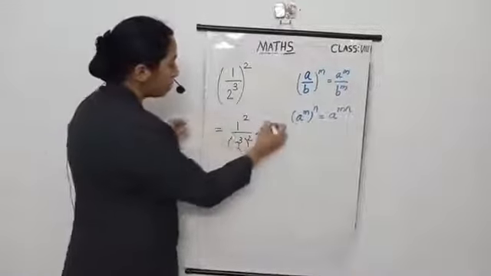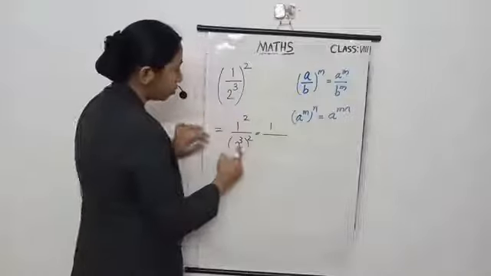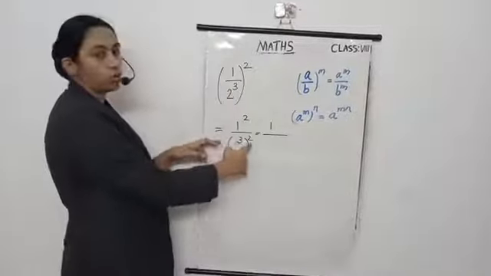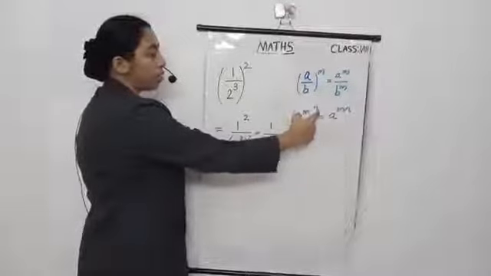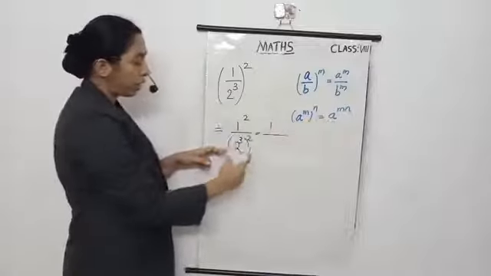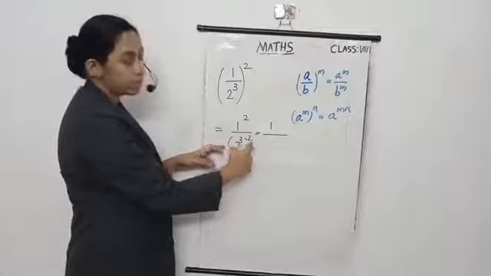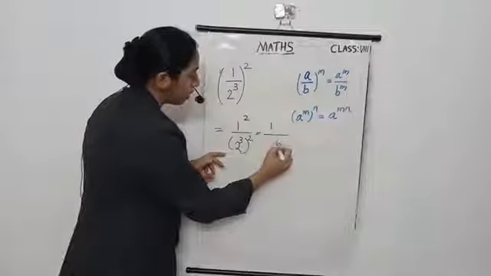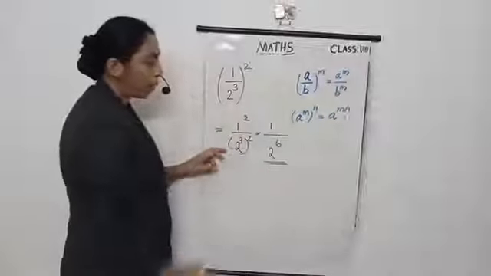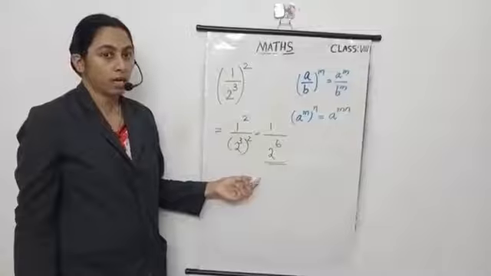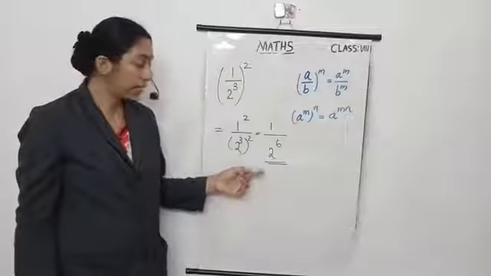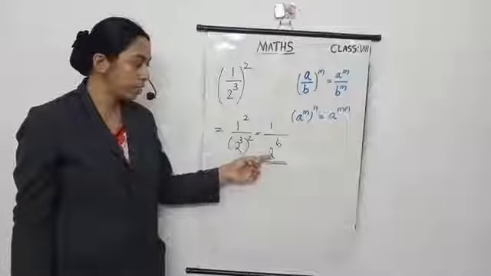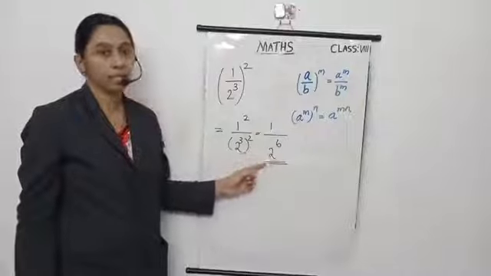Now 1 square is 1 into 1, 1. Now 2 raised to 3 all raised to 2. a raised to m all raised to n equals a raised to m into n. That is 3 into 2, 6. This is equal to 2 raised to 6. So the answer is 1 by 2 raised to 6. In the question they ask to write in positive exponential form. So we write it like this.